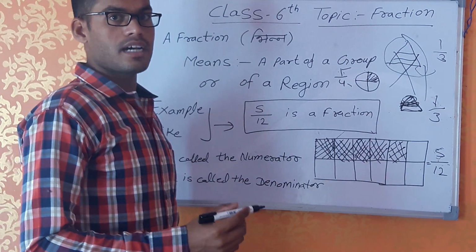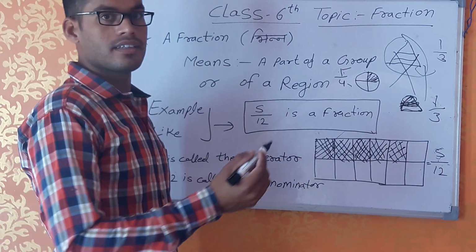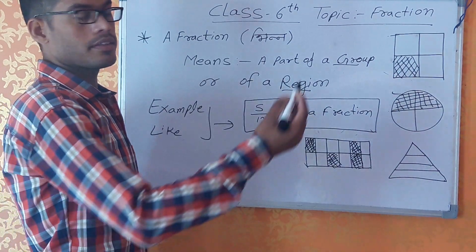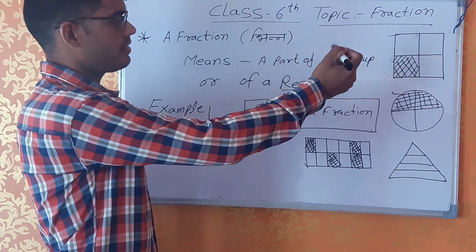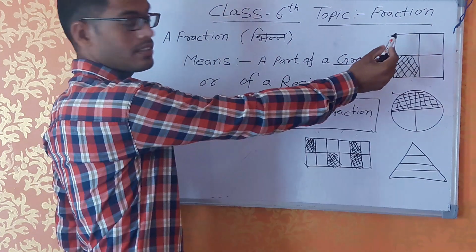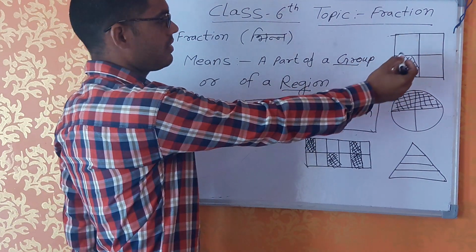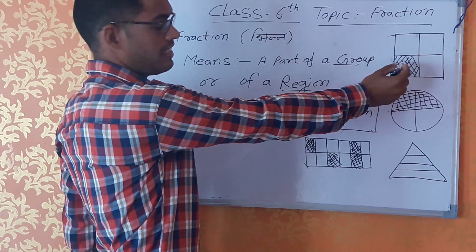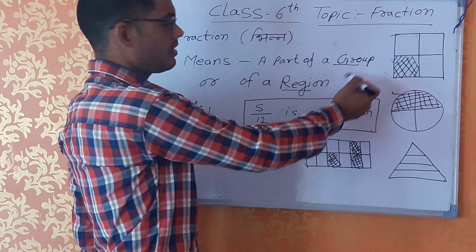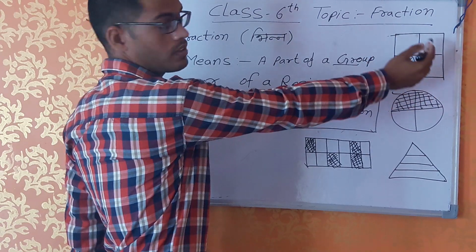We can see more examples of fractions. There are 4 equal boxes. One part is the shaded area, the shaded region, and there are 4 groups.